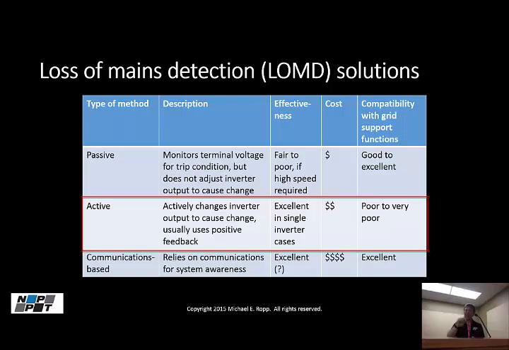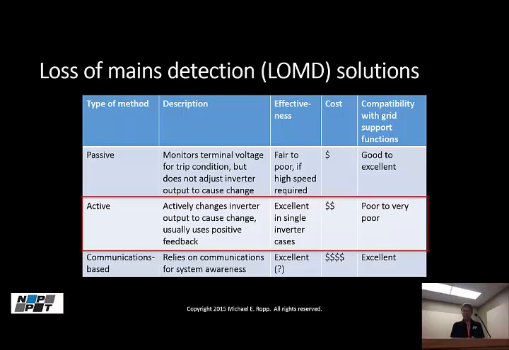Any tiny little error that we see is caught by the positive feedback and then driven to a trip point. So they work quite well. In terms of cost, they're really not much more expensive than the passive methods. I increased it a little bit because obviously we have to do something to power quality to make them work, but it's not prohibitive in any way.